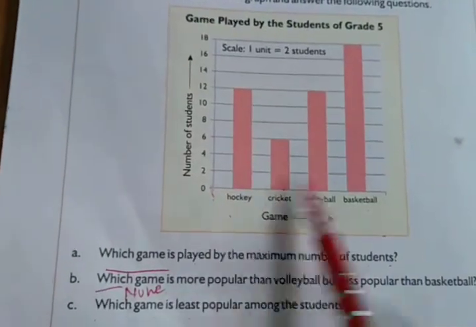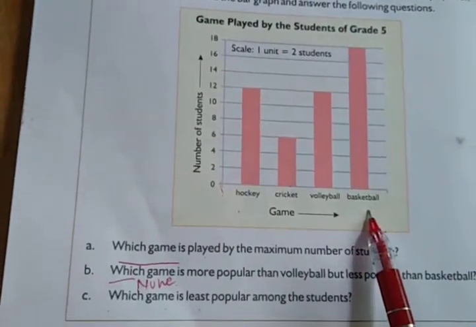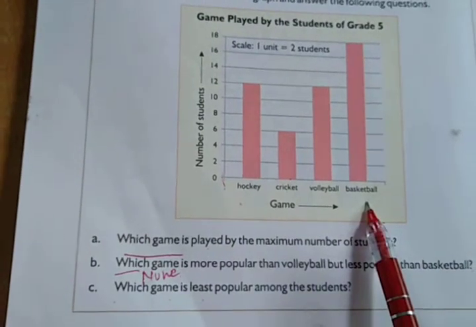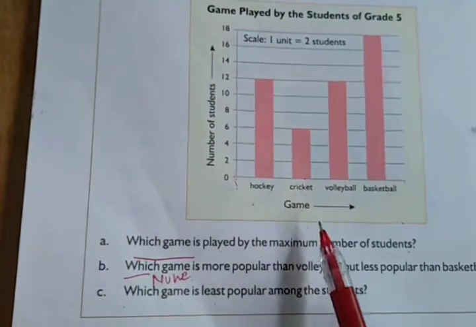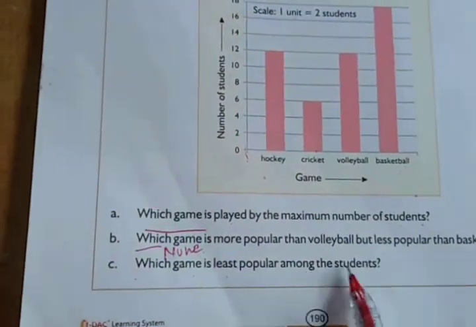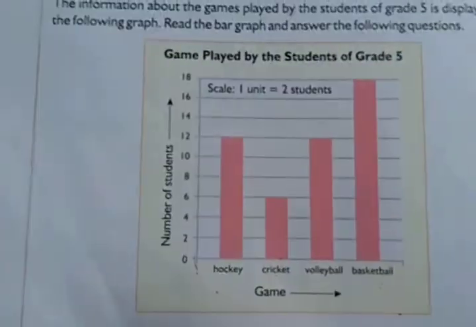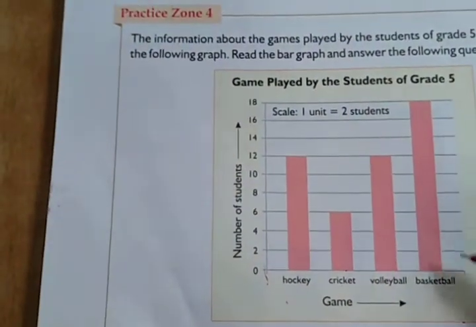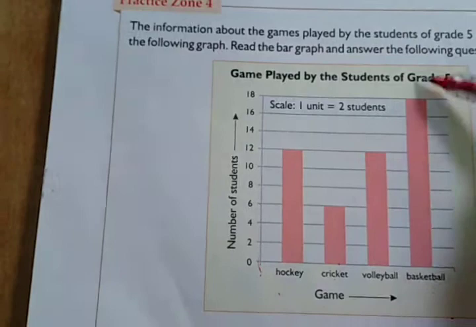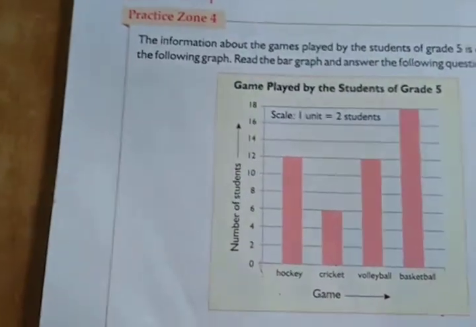According to this bar graph, cricket is least popular among the students. Okay. According to this bar graph, students are interested in basketball.